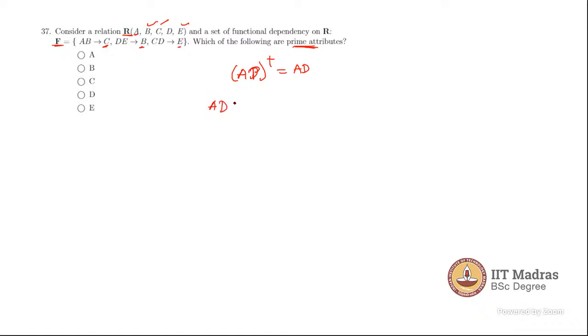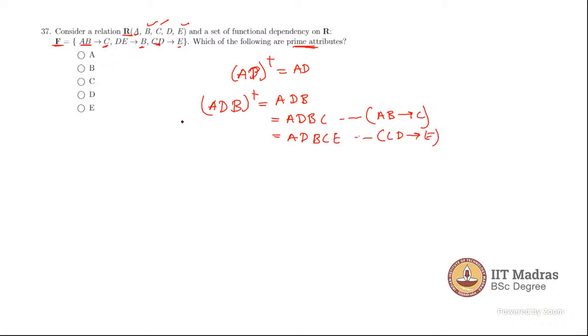Let us start with AD and B. Now let us take the closure of ADB, that is A, D, B. From the functional dependency A, B determines C, we can say A, D, B, C. Now by using the other functional dependency, C, D determines E, that is A, D, B, C, E. So I am getting R, that is A, B, C, D, and E. So ADB is a candidate key here.